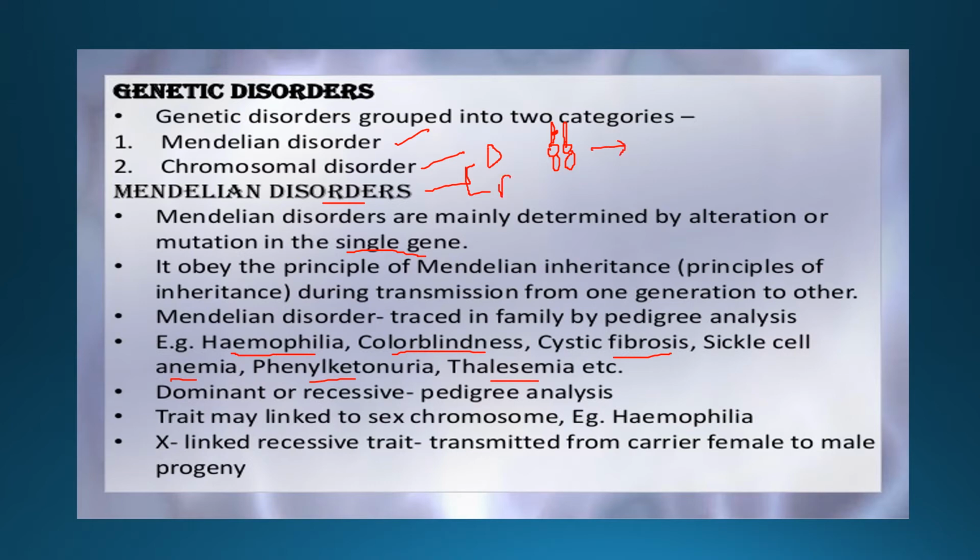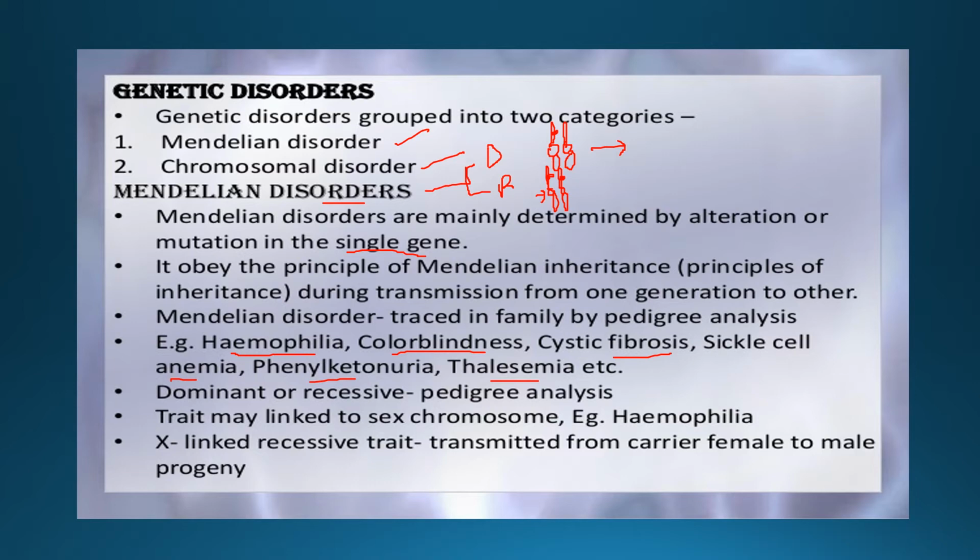What do we mean by recessive? The mutation in a single allele is not sufficient to show its effect. In order to cause the disease in the organism, both alleles should be mutated. Otherwise, a single allele is not sufficient to show its effect. Such alleles are called recessive.